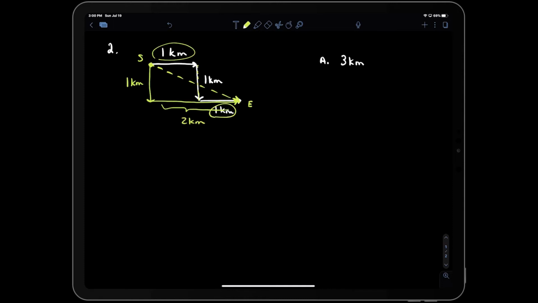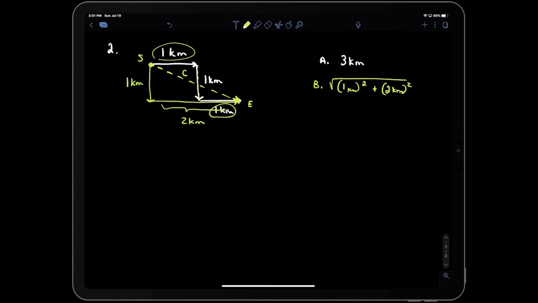Now we're ready to put that into the Pythagorean theorem. I'm trying to find the longest side, side C. So I'll have the square root of 1 squared, and that's kilometers, right? And I'm going to put that written in there correctly. So we're going to go plus, we have 2 kilometers squared.